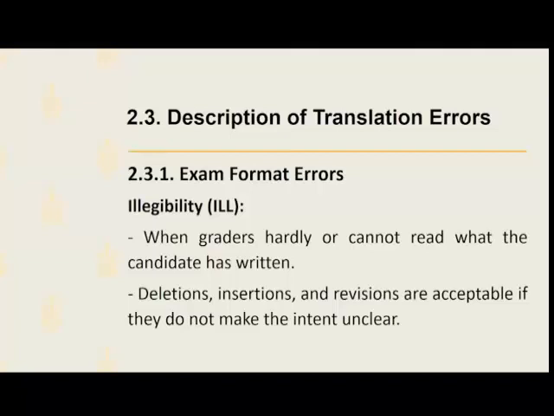Deletions, insertions, and revisions are acceptable if they do not make their intent unclear. And we have an example here. As you can see in this photo, we cannot read what the translator has written because the handwriting is too atrocious and blurred, so we can call it an illegibility error.